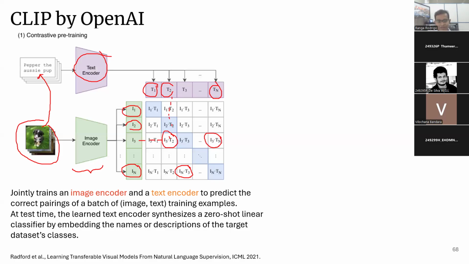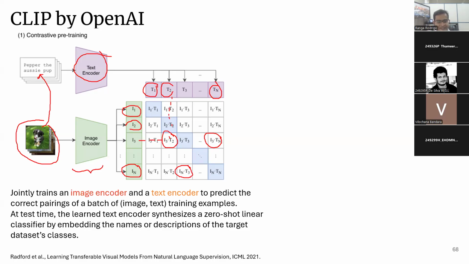Similarity. Okay. Now, this is the most important concept. We train the text encoder and the image encoder in such a manner that the vector encoded by the image encoder and the vector encoded by the text encoder are similar if they correspond.